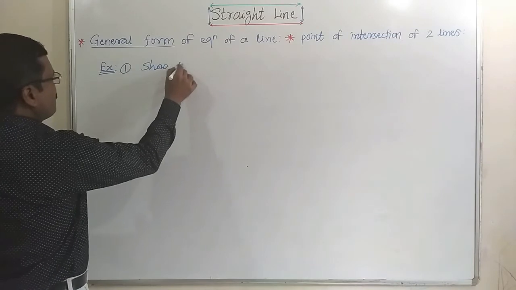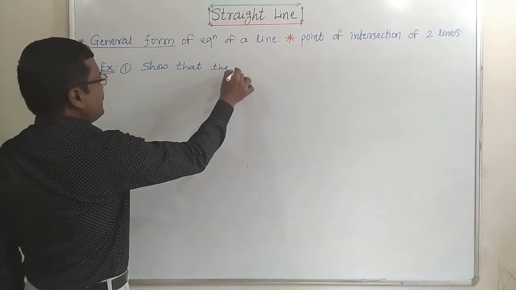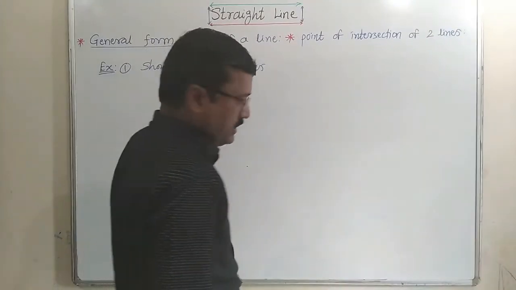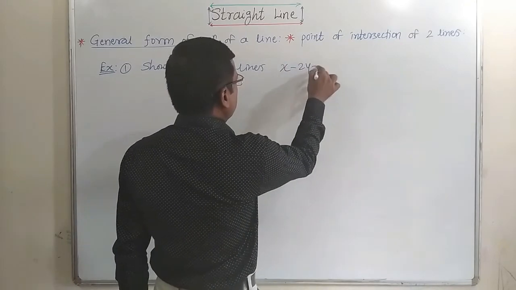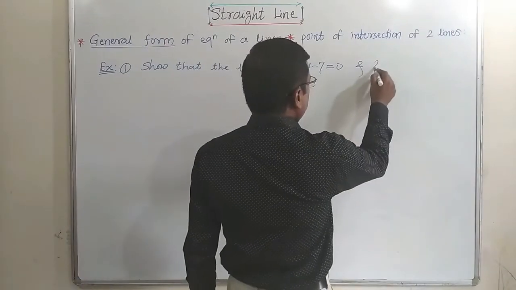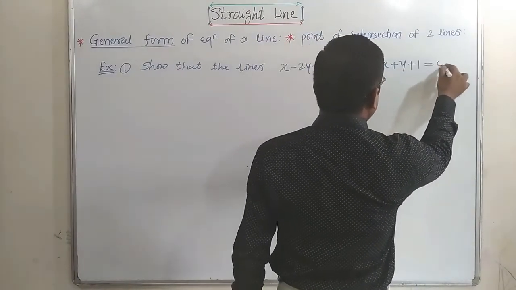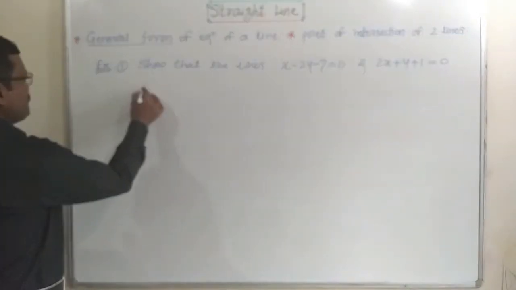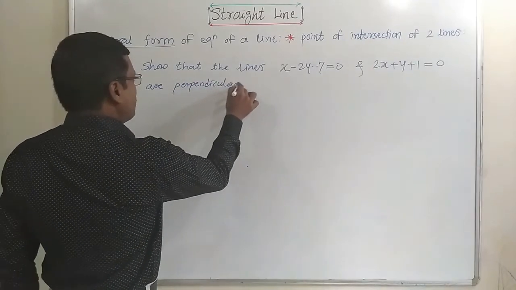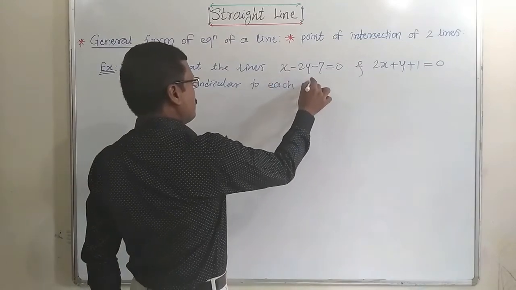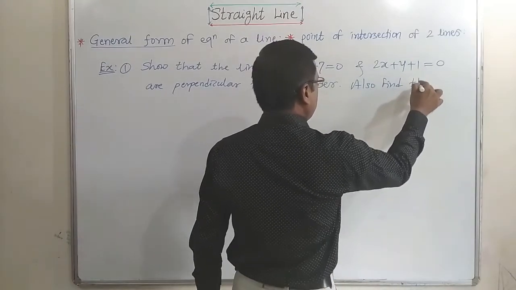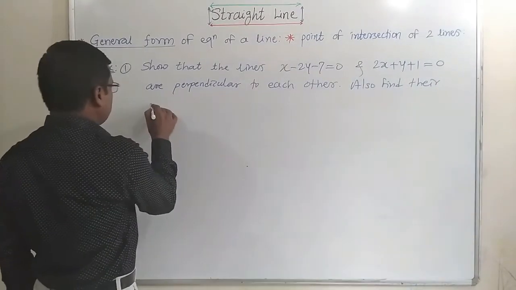Show that the lines x minus 2y minus 7 equal to 0 and 2x plus y plus 1 equal to 0 are perpendicular to each other, also find their point of intersection.